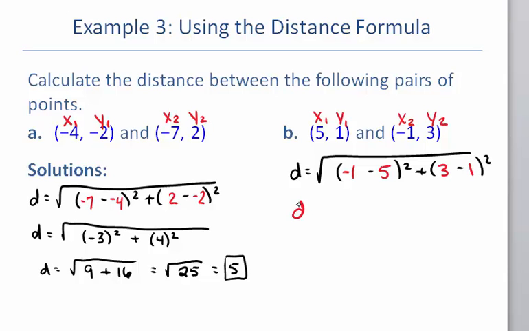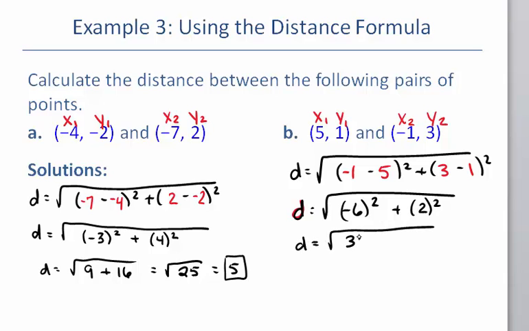We'll simplify inside our parentheses first. So negative 1 minus 5 is going to give me negative 6 squared. 3 minus 1 is going to give me 2 squared. Negative 6 squared is 36. 2 squared is 4.